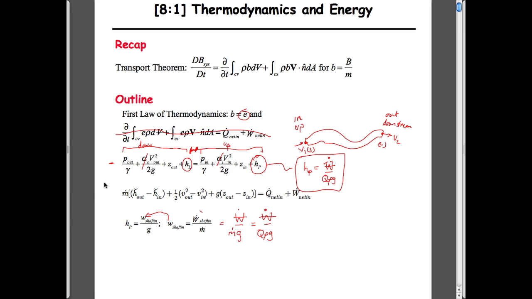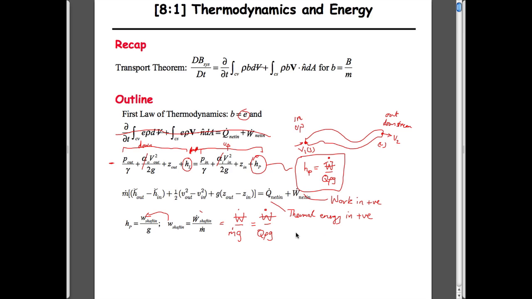The other way that we can write it is in terms of this, where this is the thermal energy in, and in is positive in the sign convention. This is the work, power in, again positive.